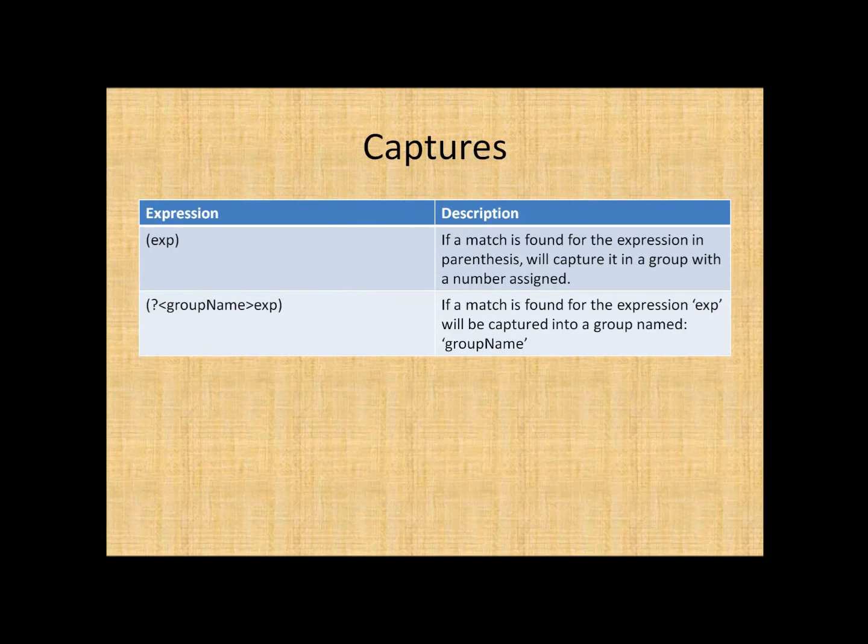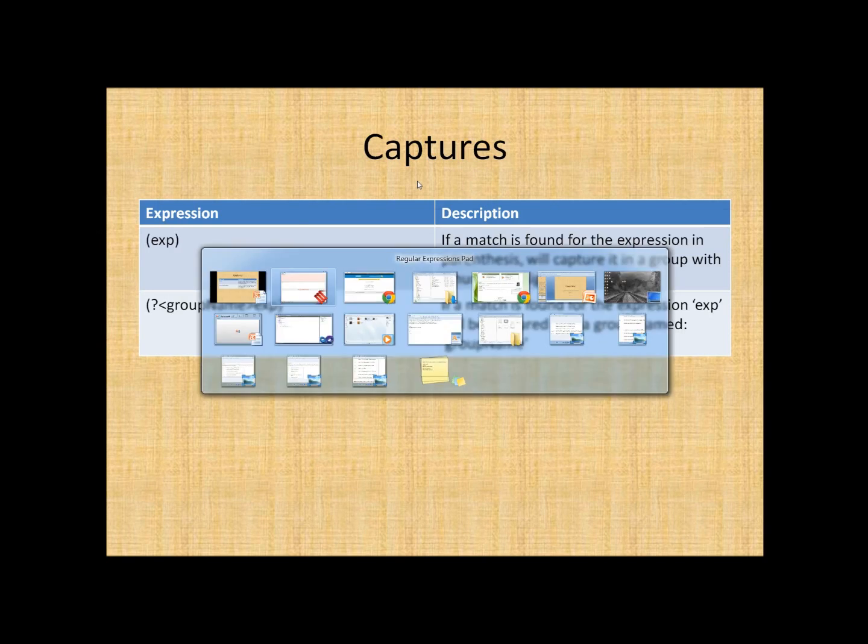Now let's talk about captures. Captures, basically what it does is when it finds a match, it keeps it stored in a variable or a place, and then we can use that text, that pattern that we found, later. Now let's see an example.